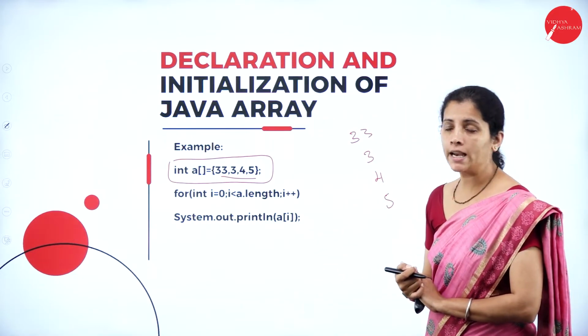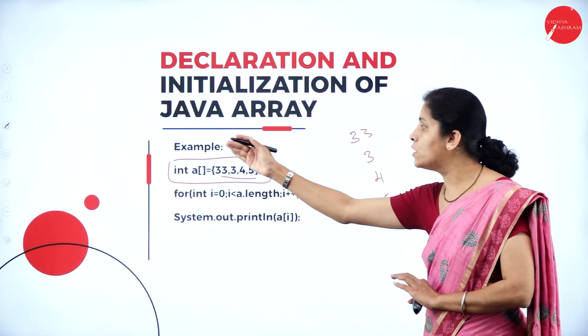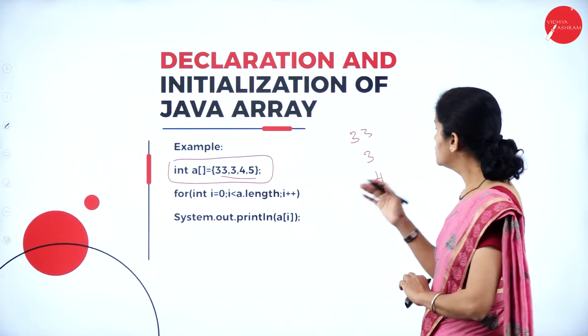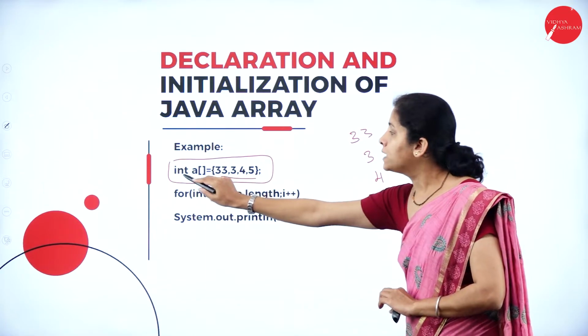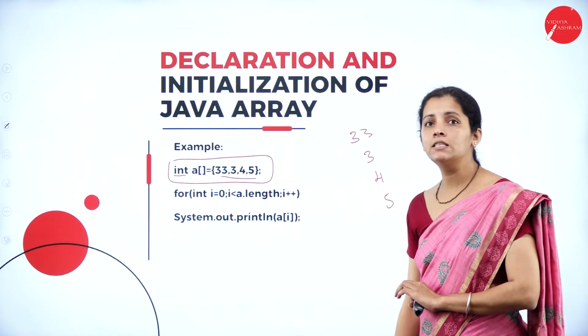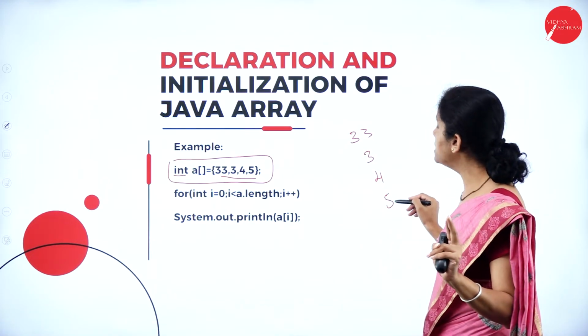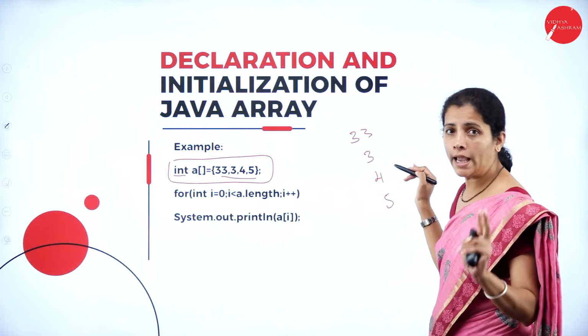Now the question arises, how many blocks of memory are allocated for a? So here, what is the type of the data? It is integer. Integer in the sense it is capable of holding only 2 bytes. And how many elements do I have? Total 4 elements.